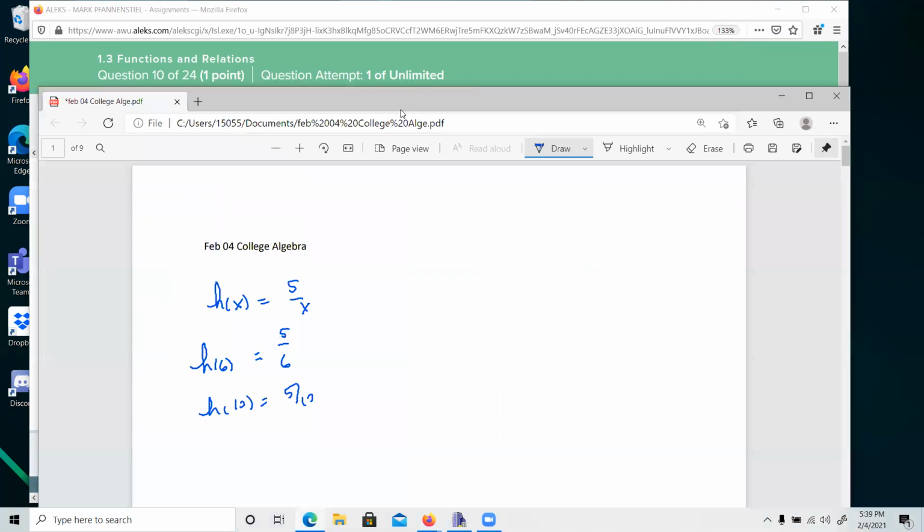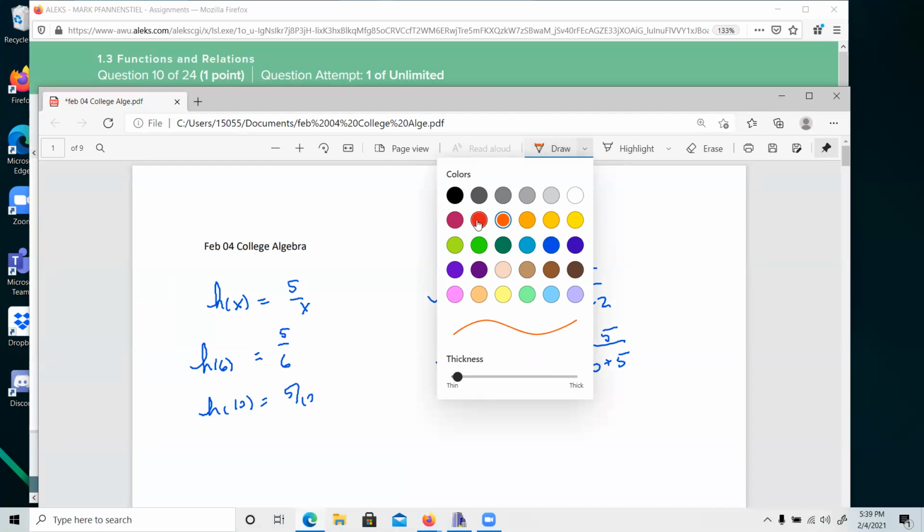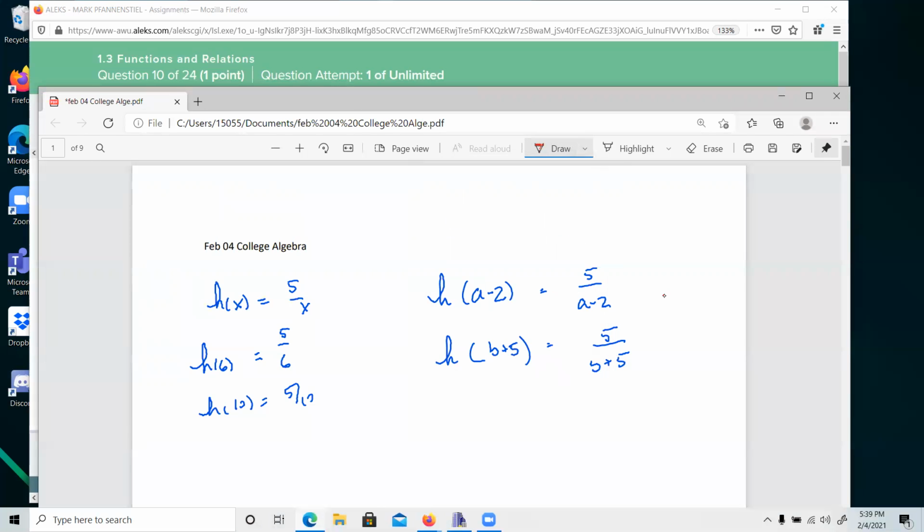Sometimes they get fancy, and they want to do something like h of a minus 2. And that's all we can do. Actually, for this one, I would have asked something like b plus 5, because I'm hoping to trick you into thinking that you can simplify this and that you'll try to do this.